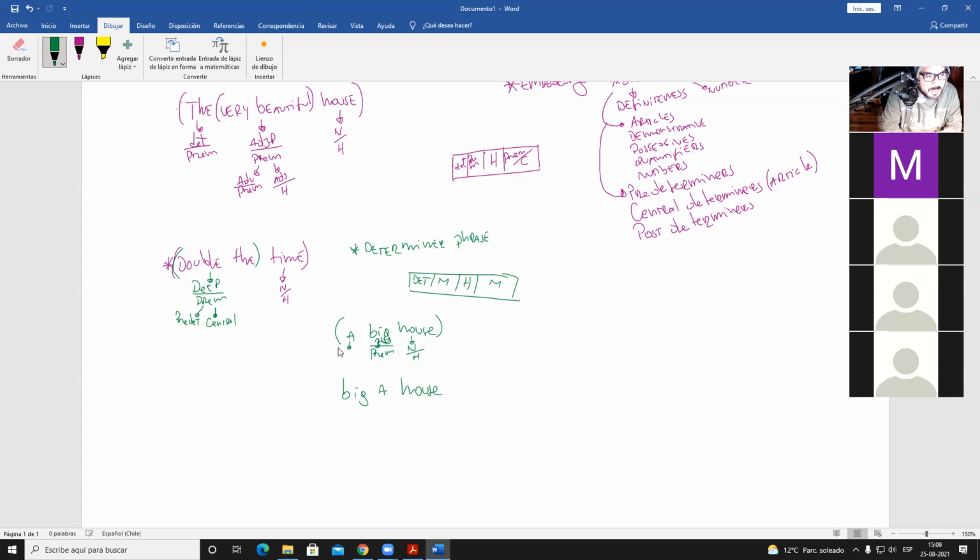And at the very beginning, you have the determiner premodifier. But the second phrase is inappropriate, I would say, because there is a mixture. I mean, they exchange positions between the determiner and the modifier. Is it clear so far?